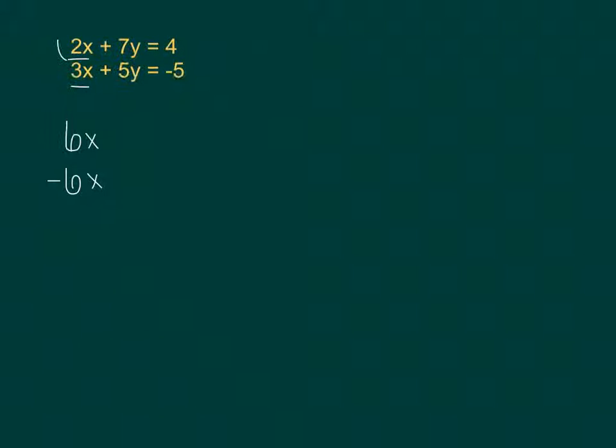So in this first equation, in order to take that 2x and make it a 6x, we need to multiply by 3. And I'm going to multiply that 3 by each and every component of the equation. So 3 times 2x is my 6x, plus 3 times 7y, which is 21y, equals 3 times 4, which is 12.